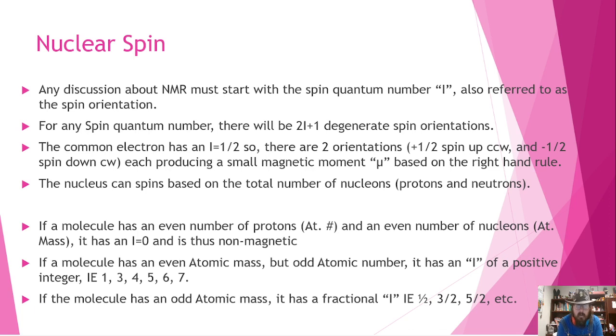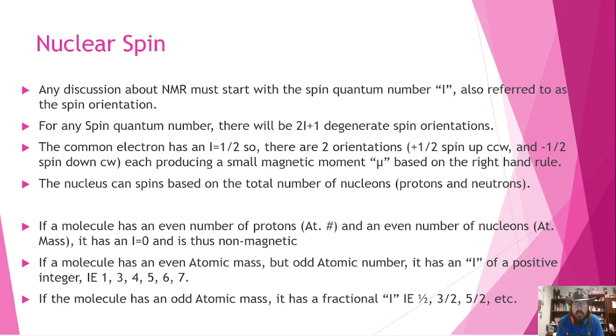Everything is spinning. And for every given atom, there is a 2I plus 1 number of degenerate spin orientations. The common electron, we say it's 1/2. So 1/2 times 2 is 1, plus 1, there's 2 spin orientations. Spin up, spin down, which is our counterclockwise or clockwise spinning.